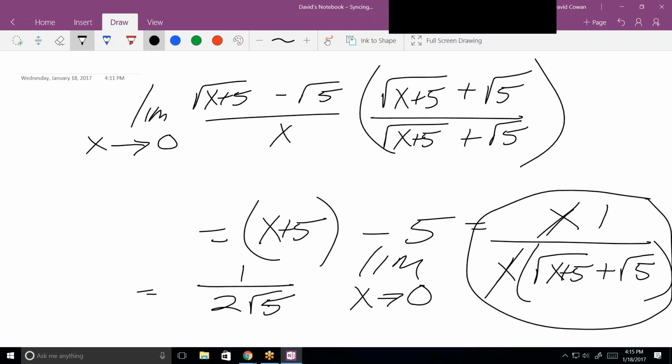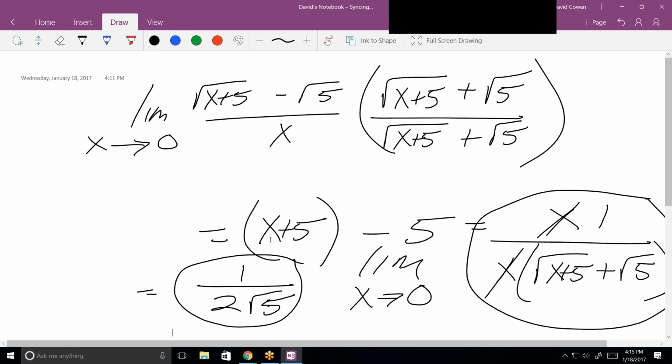And that's a number. So the moment you get it to where you no longer have 0 over 0, you've got the answer. And look to use this technique whenever you see radical signs in complicated expressions like we're looking at here. Square root of x plus 5 minus square root of 5.